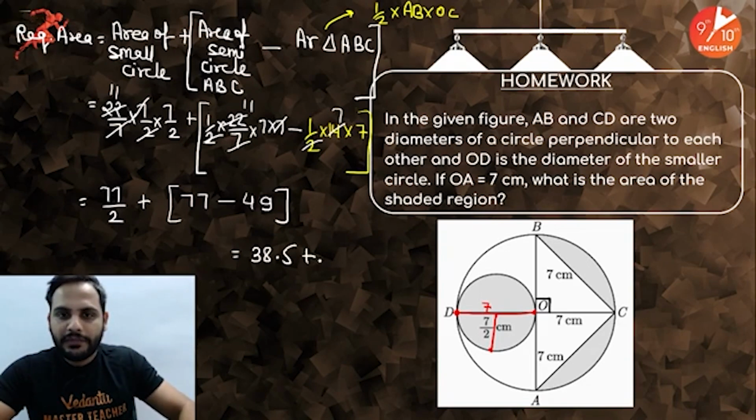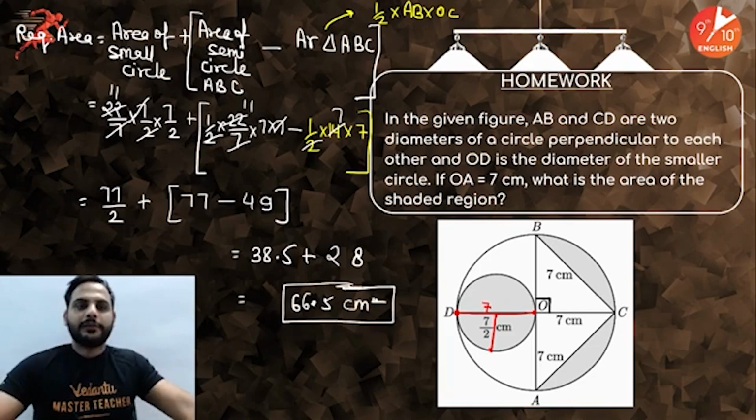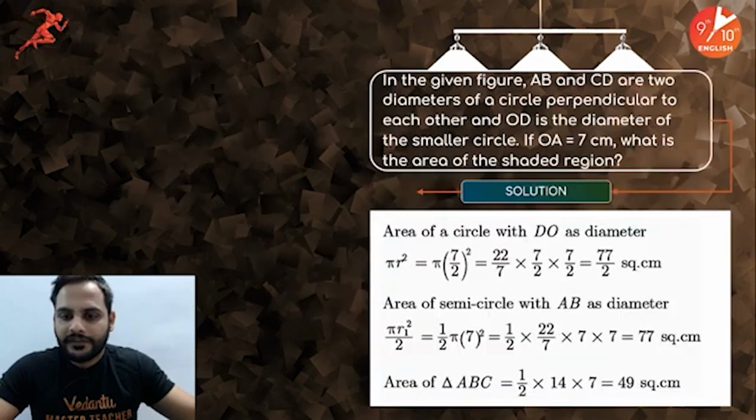Adding 0.5 over here, we get 66.5 centimeter square. This will be your required area, 66.5 centimeter square. Okay children?